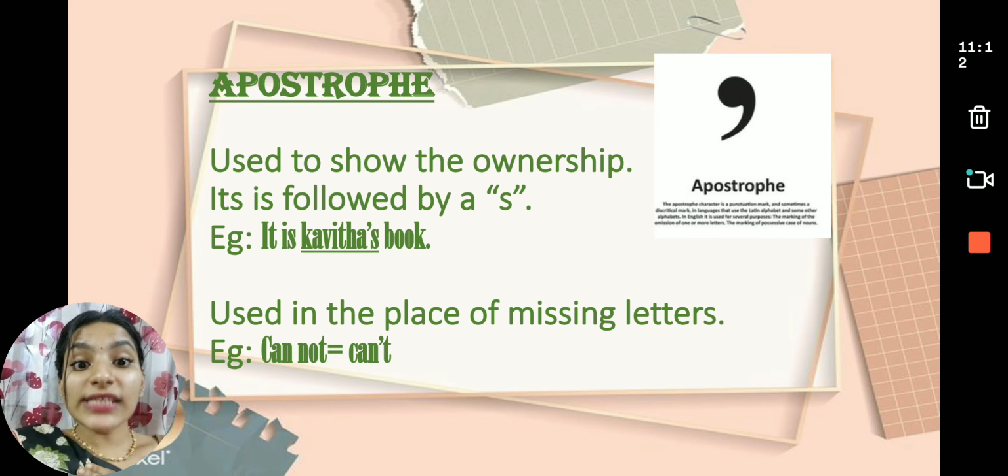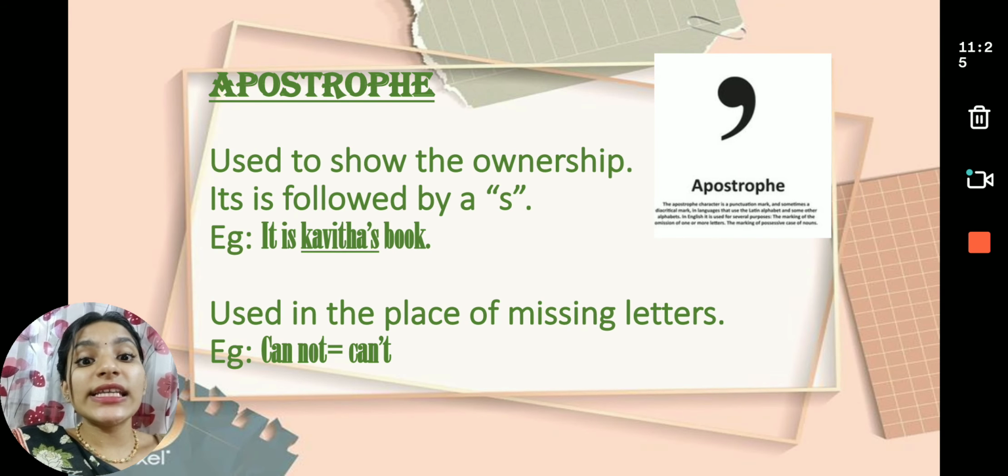So, possessiveness. When we say it is Kavita's book, we're using an apostrophe to show it is her book. When we use an apostrophe and an S, it denotes that it is her ownership.